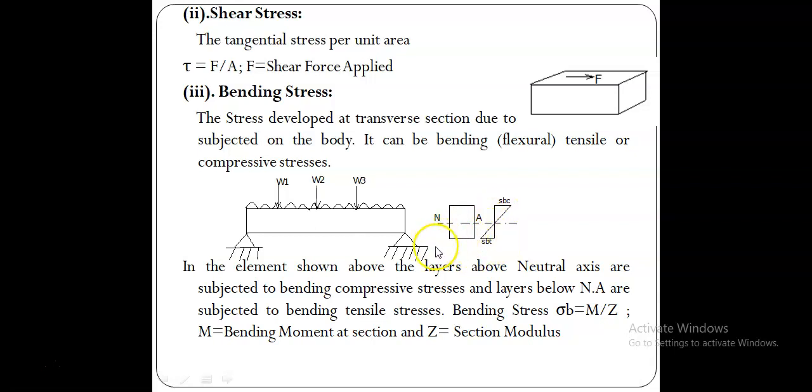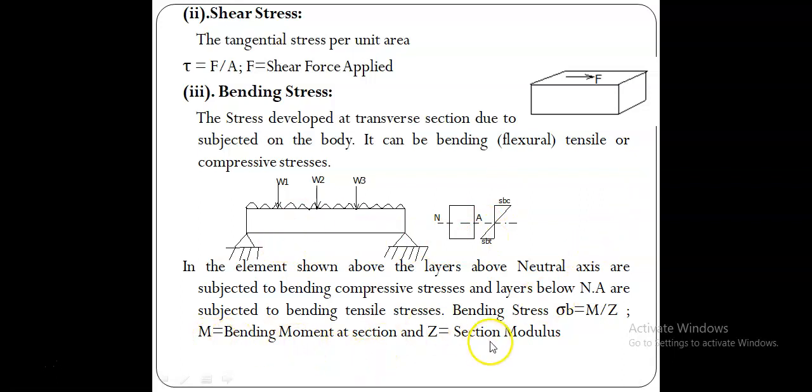Suppose in some cases all the top fibers are subjected to tensile stress, and all the bottom fibers are subjected to bending compressive stresses. So as far as the bending member is concerned, every section is subjected to two natures of stresses, bending compressive as well as bending tensile stresses.